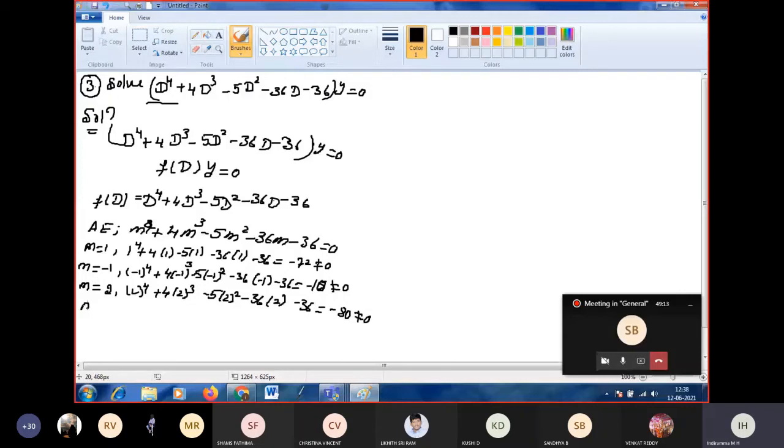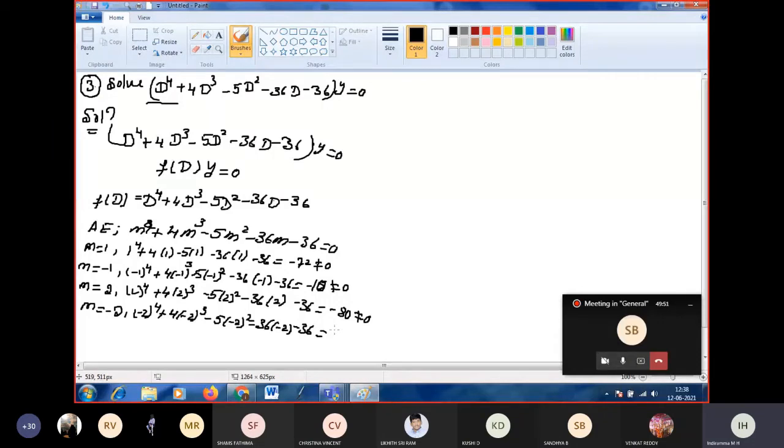Next, we have to try with m equal to minus 2. So minus 2 power 4 plus 4 into minus 2 whole cube minus 5 into minus 2 whole square minus 36 into minus 2 minus 36 equals what? Zero, ma'am.